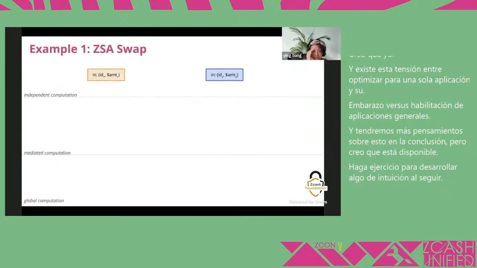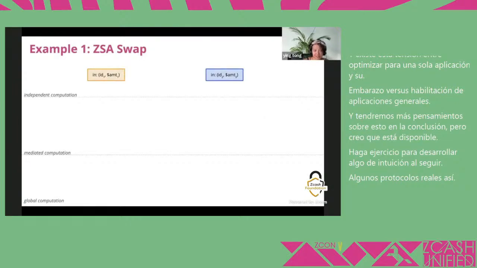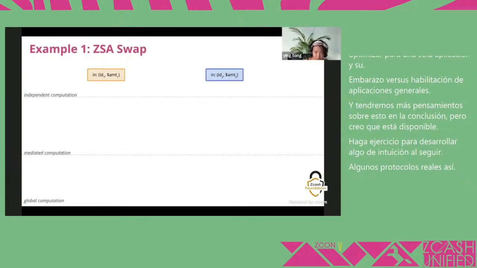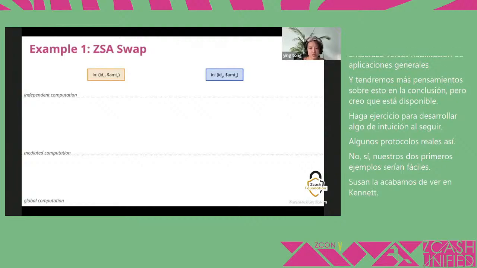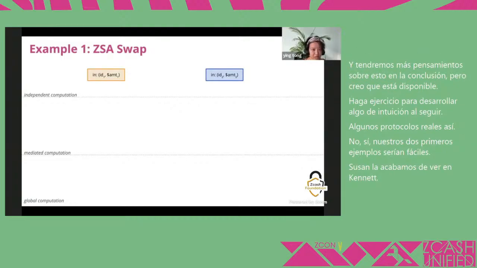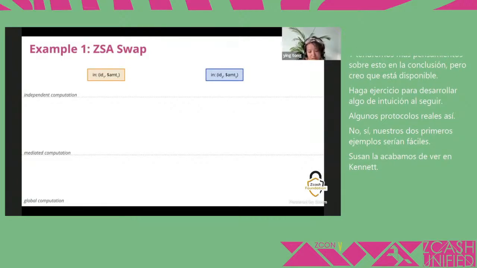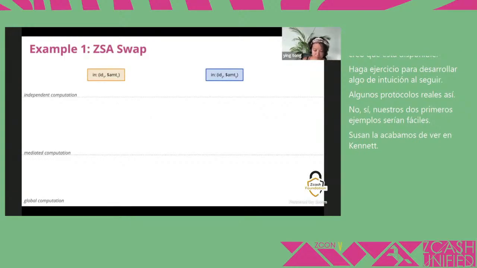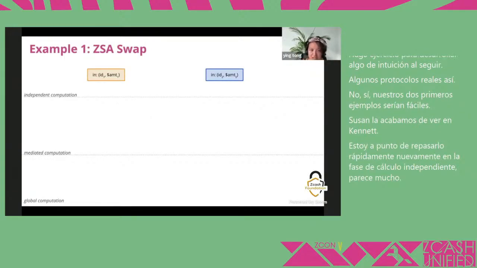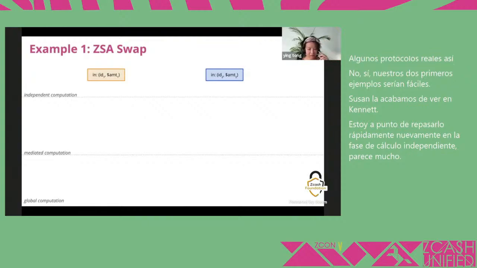So now, our first two examples would be ZSA Swap and Renegade 5, which are both order books. ZSA Swap we just saw in Cadet's talk, but to quickly go over it again. In the independent computation phase, it looks very much like a normal Zcash transaction in which you're just spending a note.